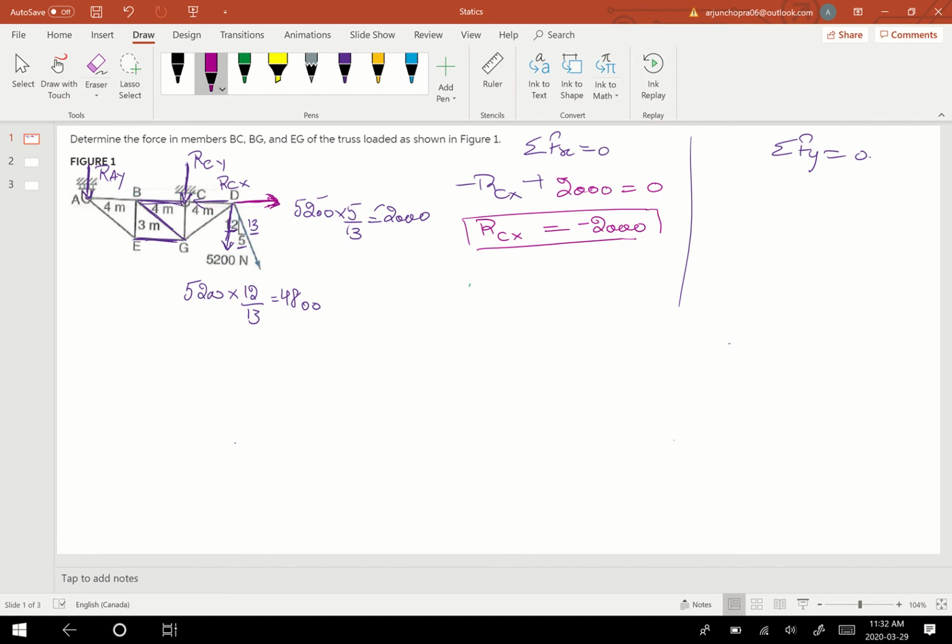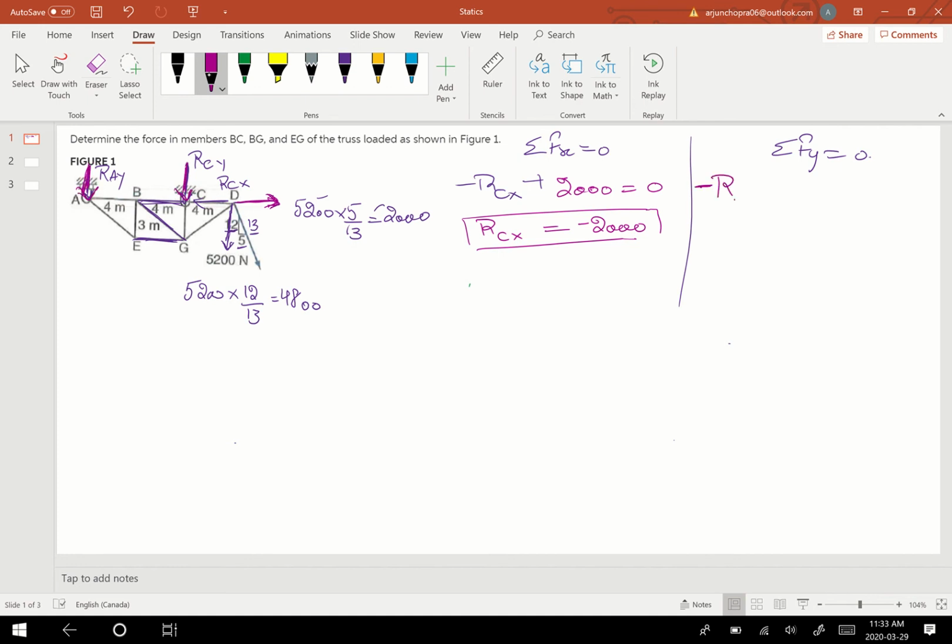And if I write the equation for the vertical component, it will be RAY plus RCY equal to 4800, and all are negative. So what I can do is correct this equation. This is also a correct equation, but I'll write it in a simpler version. Anything in the downward direction we consider as negative. This is downwards, we consider it as negative.